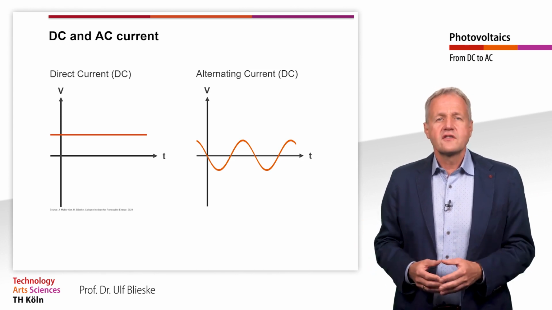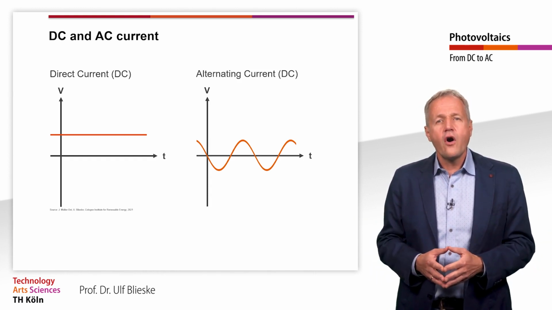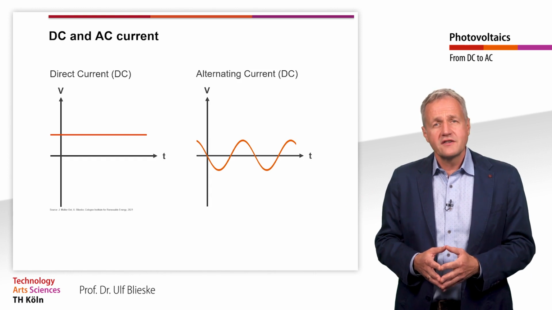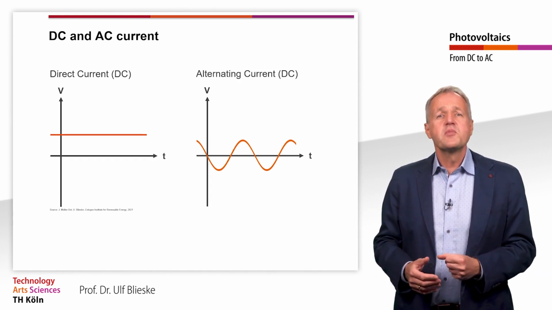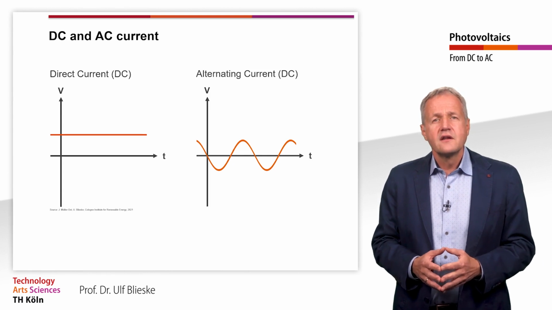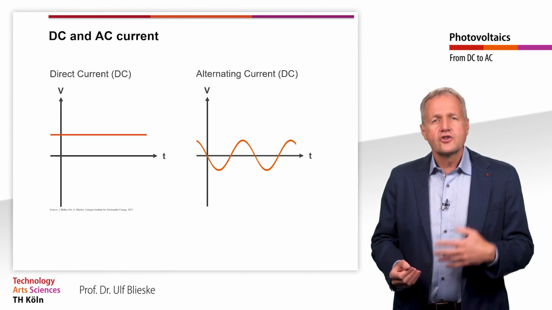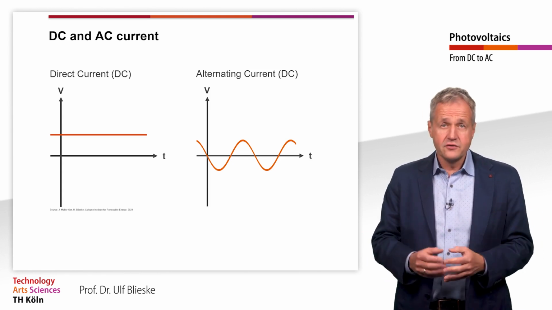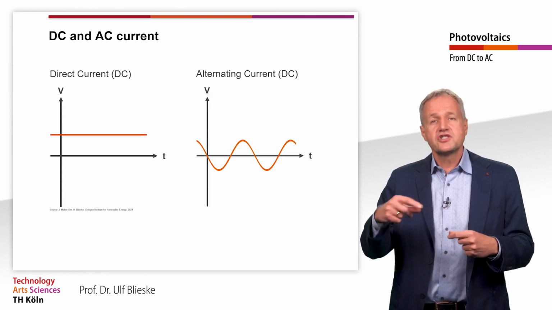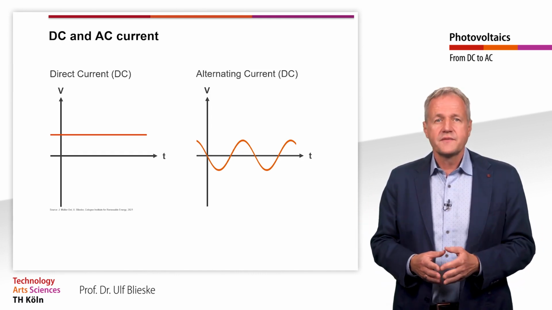Other loads, such as a drilling machine, a refrigerator, or even the public power grid itself, cannot simply be connected to PV modules. This has historic reasons. In the past, turbines powered by fossil fuels or nuclear energy turned generators which produced an alternating current.